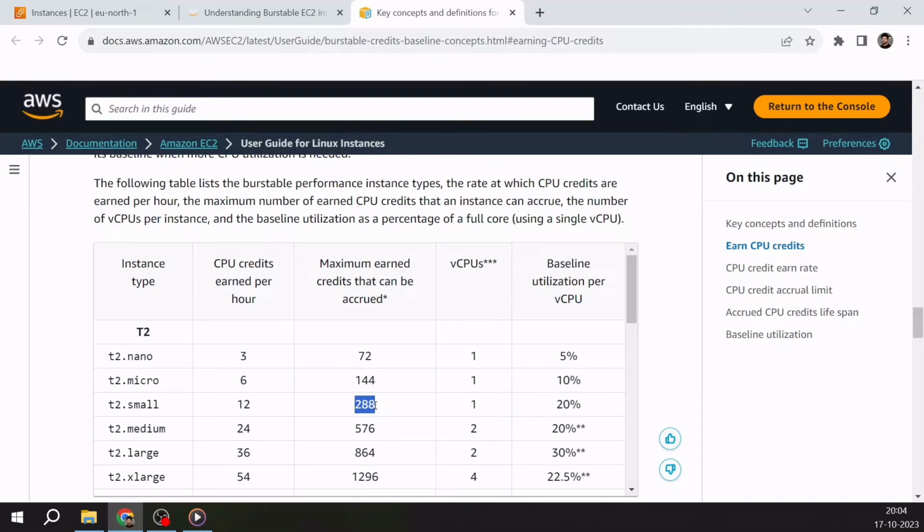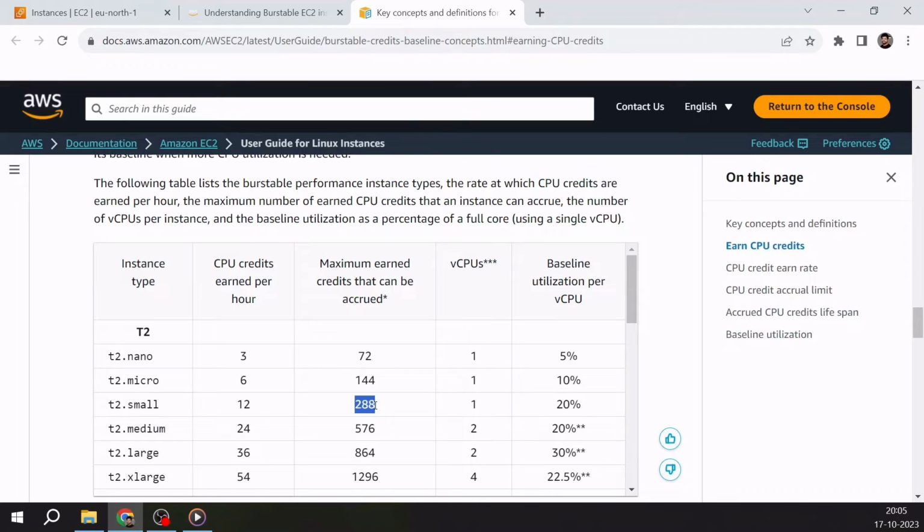So suddenly your website gets famous, and you start getting a lot of traffic on your website, and this causes a burst in the CPU utilization at your EC2, and it basically reaches 60 to 70% utilization.